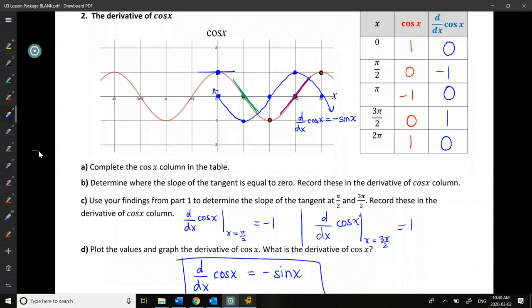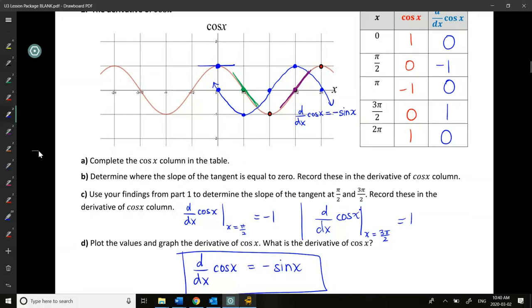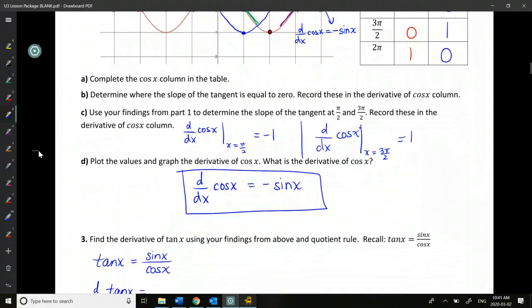We're not recalculating any of these because we already did an estimate in part 1, and sine and cosine are just shifted versions. So when we look at this, we can see that this is essentially a sine graph that's vertically reflected. So we can make a conclusion that the derivative of cos x is negative sine x.